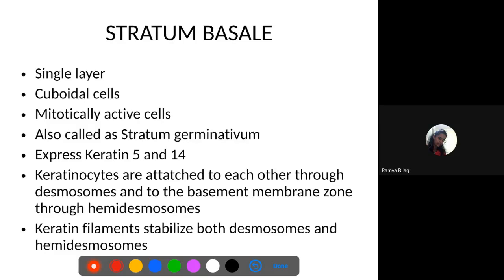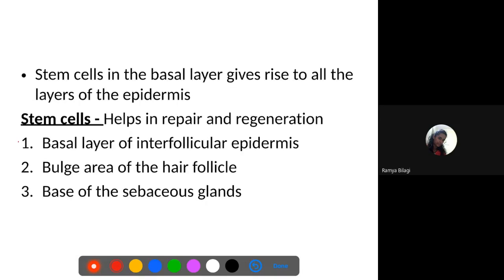We have already known the basal layer of the interfollicular epidermis. The other two sites where stem cells reside are the bulge area and the base of the sebaceous gland. So these are important MCQs. You must remember that stem cells reside in the skin.